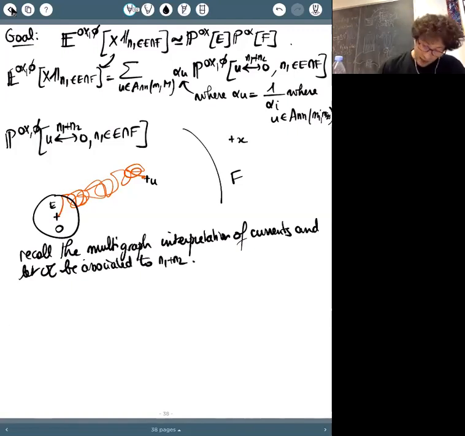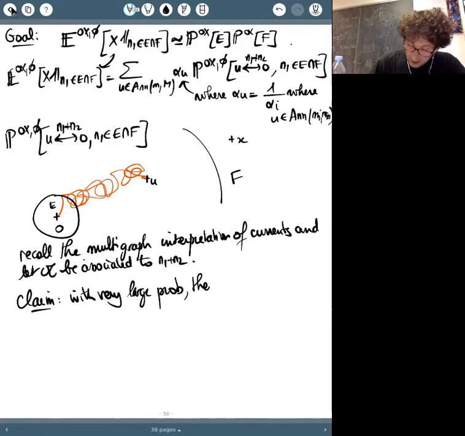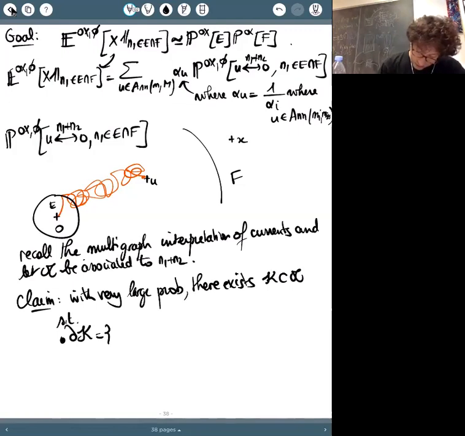So I claim with very large probability there exists K, which is a subset of M, such that the following occurs. First thing, I want the sources of K to be x and u. Okay, I want them to be these two guys.